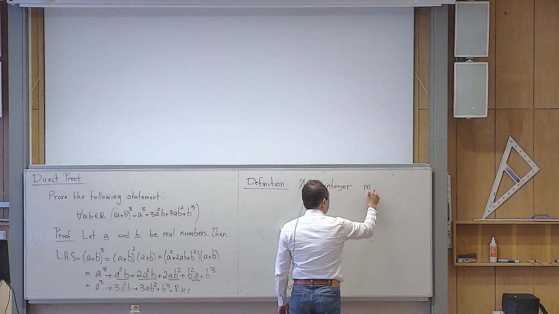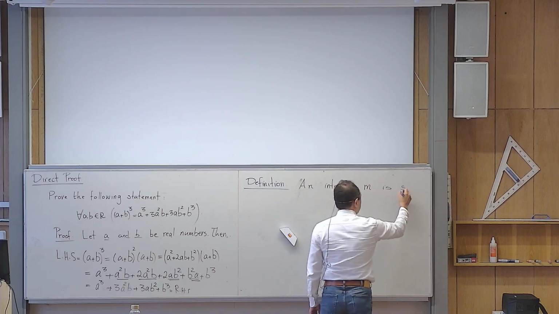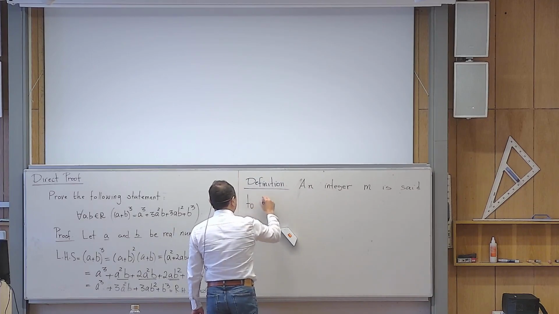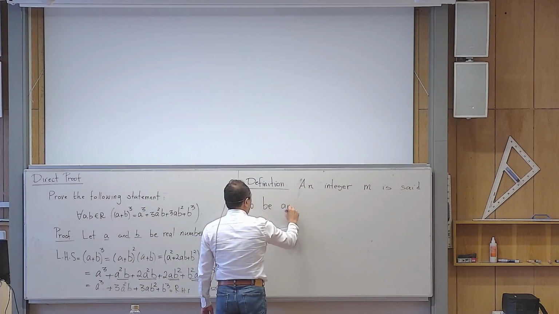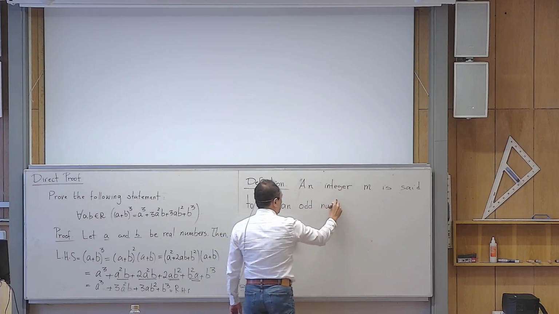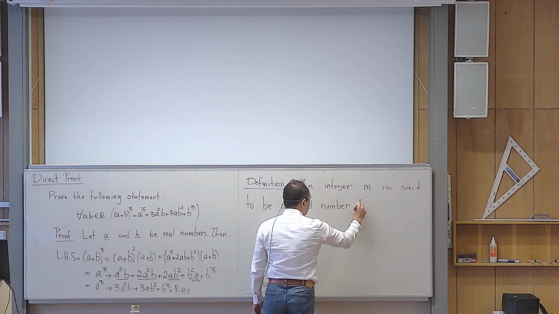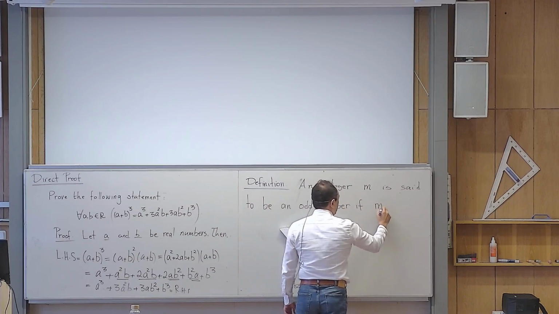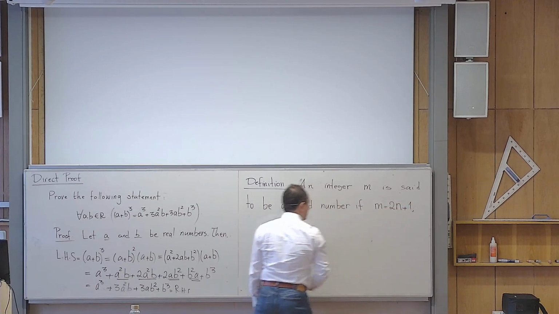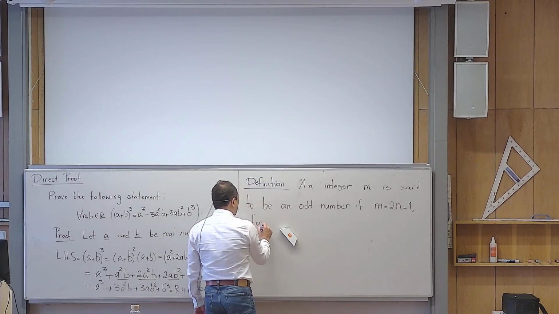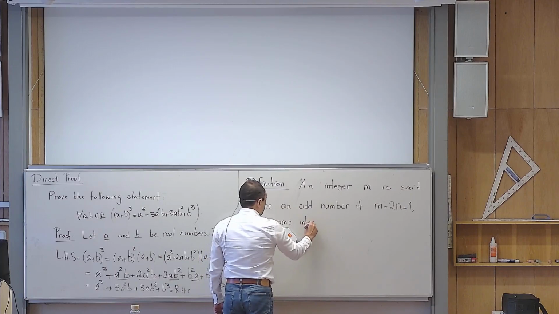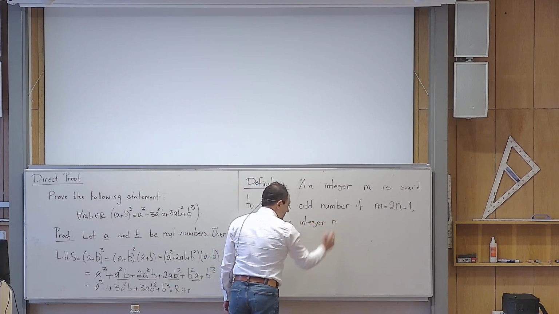m is said to be an odd number if m is equal to 2 times n plus 1, for some integer n.